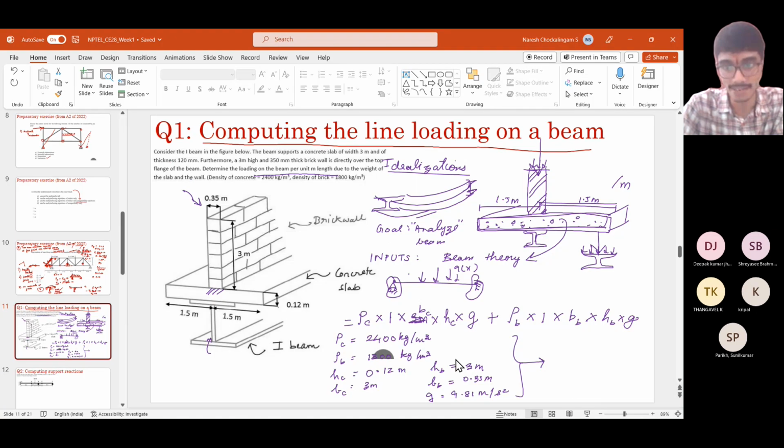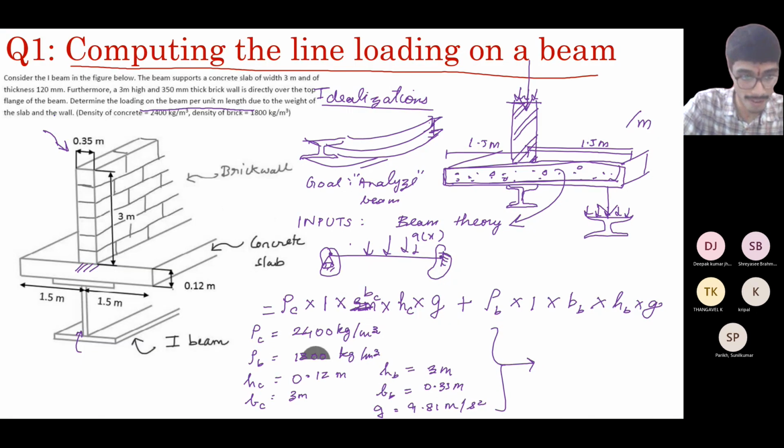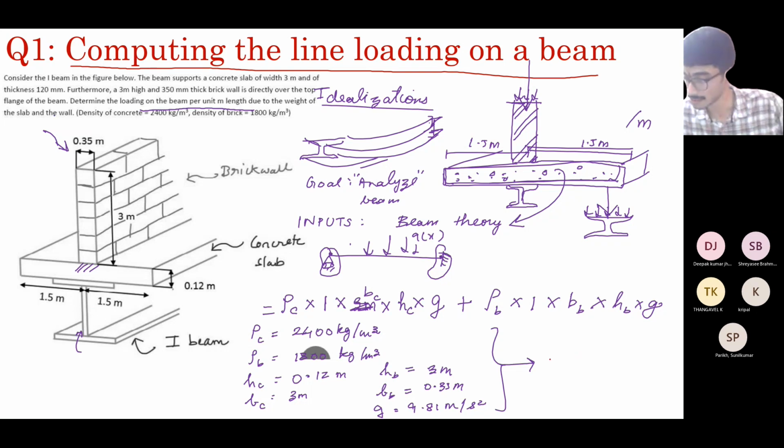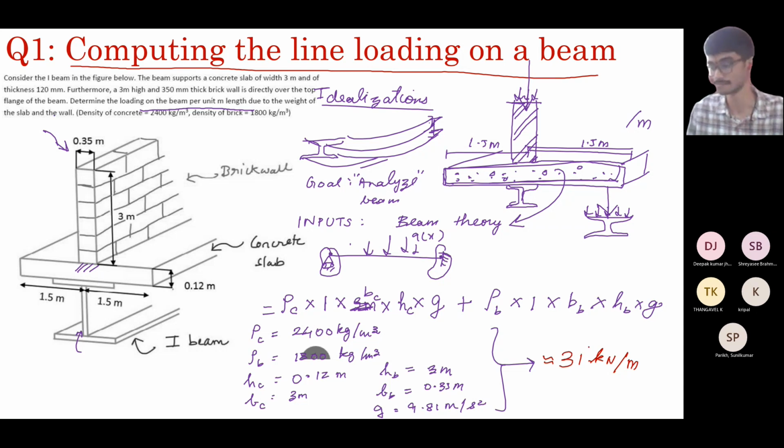Anyway, you can try it out later. You should get the answer roughly around 31 kilonewtons per meter. 31 kilonewtons per meter.